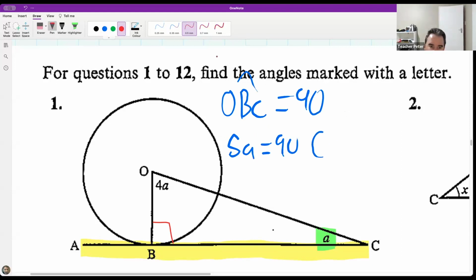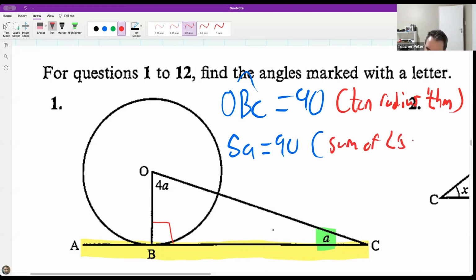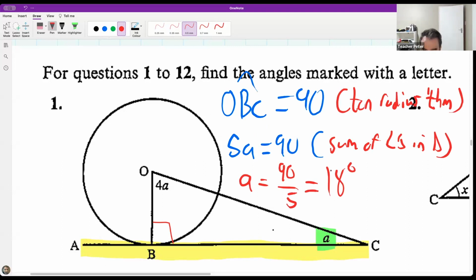This is going to be the tangent radius theorem. And then this will be the sum of angles in a triangle.